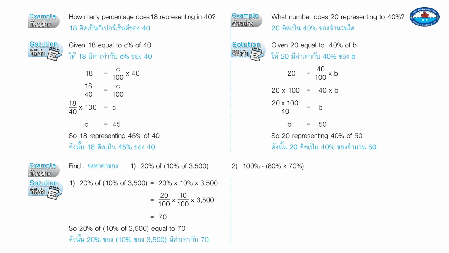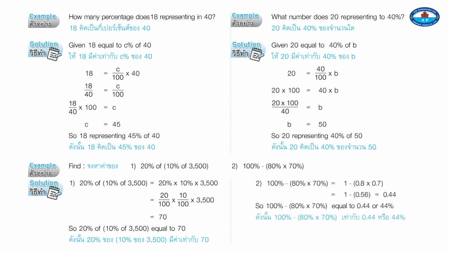So 20% of 10% of 3,500 equals 70. 2. 100% minus 80% times 70% equals 1 minus 0.8 times 0.7 equals 1 minus 0.56 equals 0.44. So 100% minus 80% times 70% equals 0.44 or 44%.